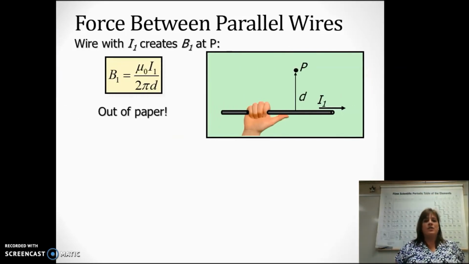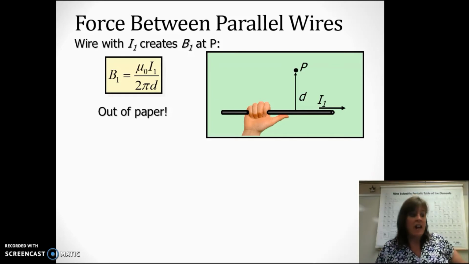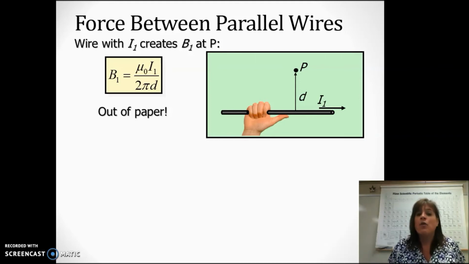Now, if I have two wires present, both wires are creating magnetic fields at the location of the other wire, which means that they're exerting forces on each other. When I have multiple wires in space, they're creating multiple magnetic fields, and all of those fields are generating forces at the location of the other wires.